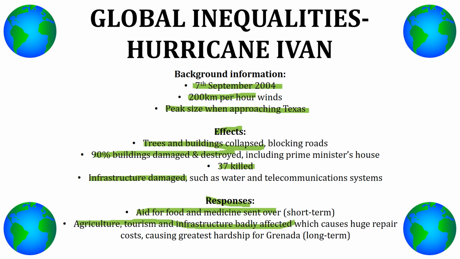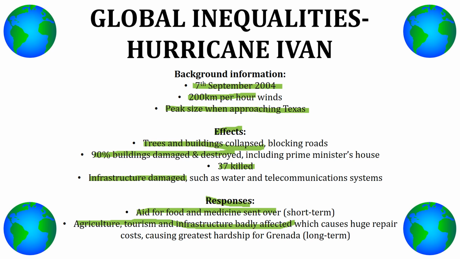Some effects of this are that trees and buildings collapsed, which blocked the roads. 90% of buildings were damaged or destroyed, including the Prime Minister's house, and 37 were killed. Also, infrastructure was damaged, for example the water and telecommunication systems were affected.